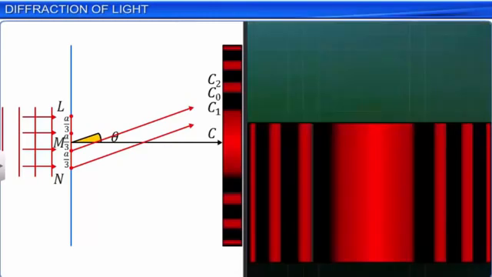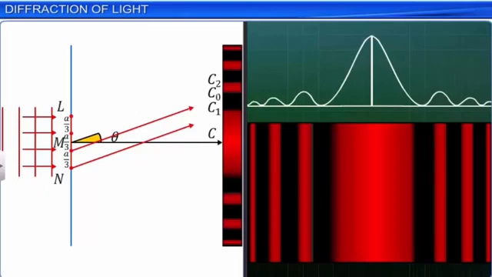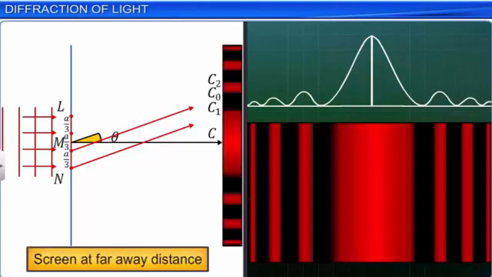The intensity distribution due to diffraction of light is as shown. So far, we assumed that the source and the screen are placed far away from the slit. In such cases, the intensity of the fringes on the screen is less.